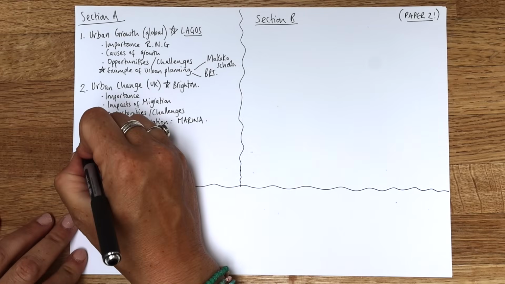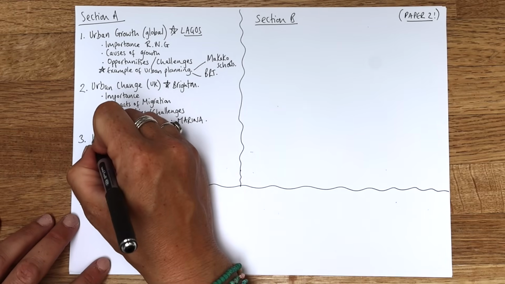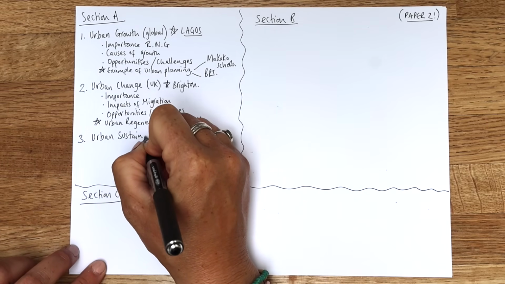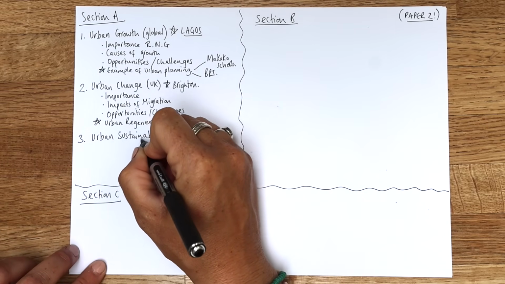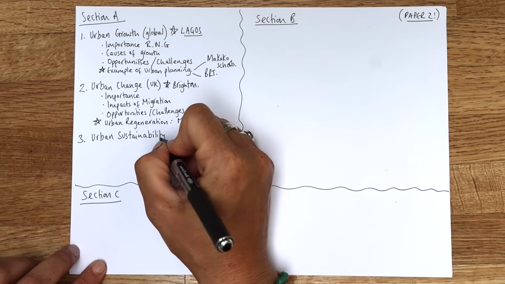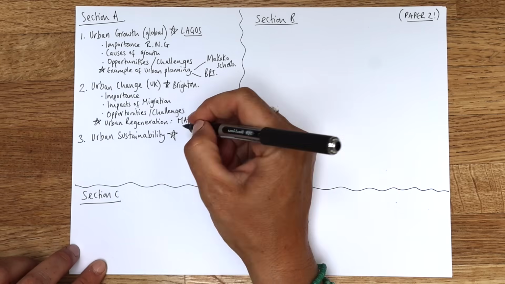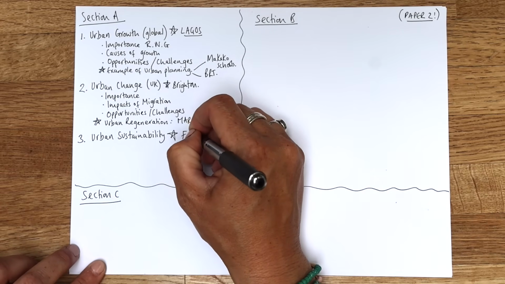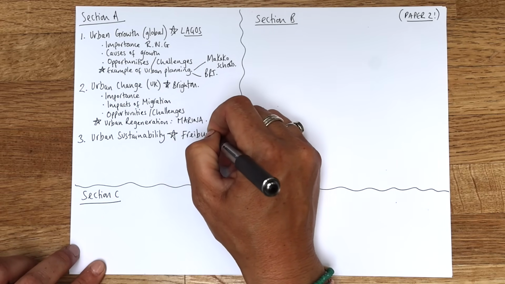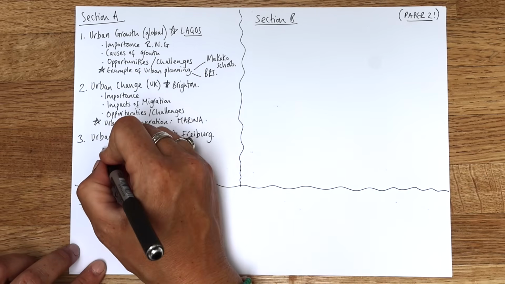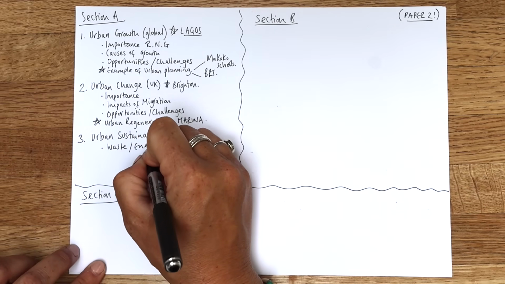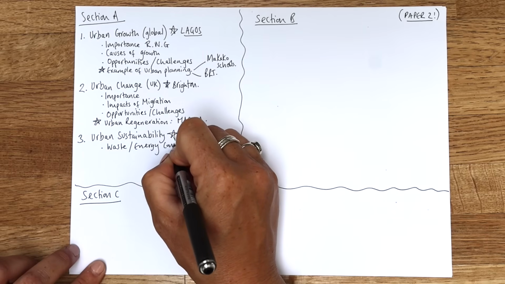And then the last part of section A is on urban sustainability. So that's all about how cities can become more future focused, carbon zero. The case study for that is Freiburg in Germany. Okay, and topics that you could be asked about are like waste or energy conservation.